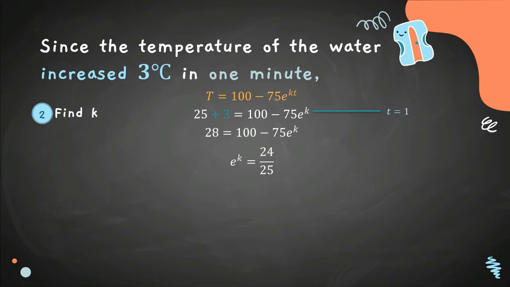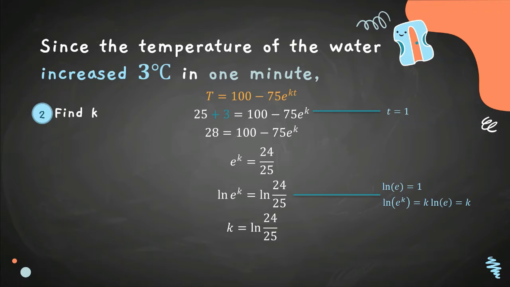and e to the power of k is equal to 24 over 25. Next, we will take ln of both sides, where ln e to the power of k equal to ln of 24 over 25. We are aware that ln e is equal to 1, and ln e to the power of k is equal to k ln e, and it is the same as k.